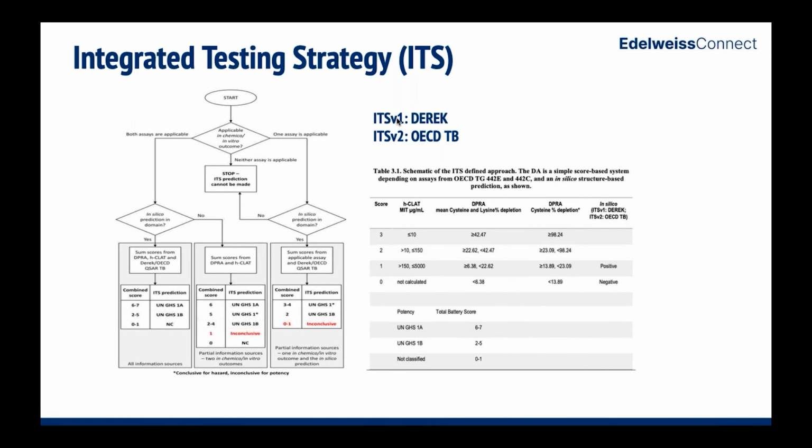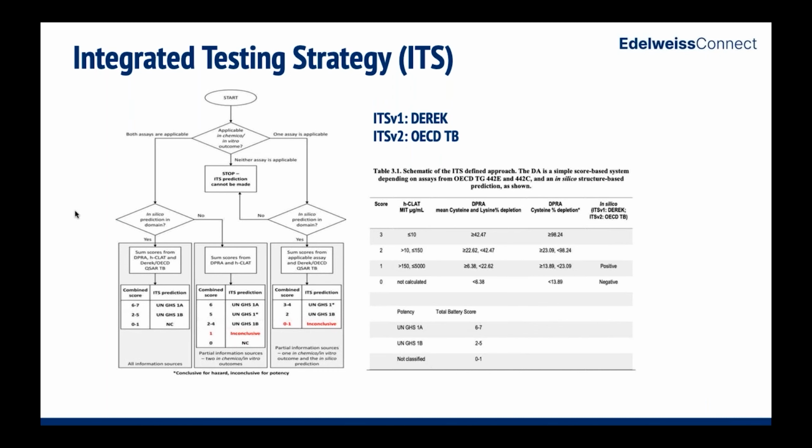In ITS V1, DEREK Nexus is used for hazard assessment, and in ITS V2 the OECD Toolbox is used. DEREK Nexus is a paid software, and the OECD Toolbox is freely available software. In my examples, when I discuss the outcome and hazard assessment, I will mainly discuss the OECD Toolbox outcome, and that is ITS version 2.